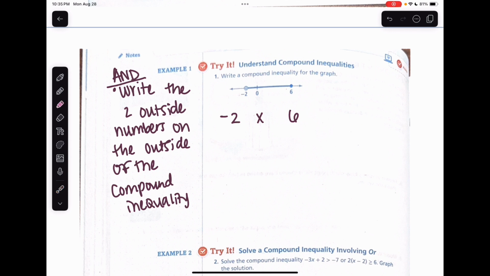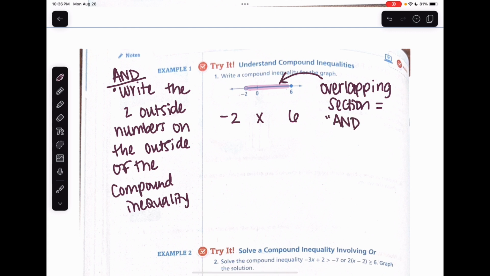So put on your paper that we have an overlapping section. When you have an overlapping section, then you have an and compound inequality. So they just share a piece.